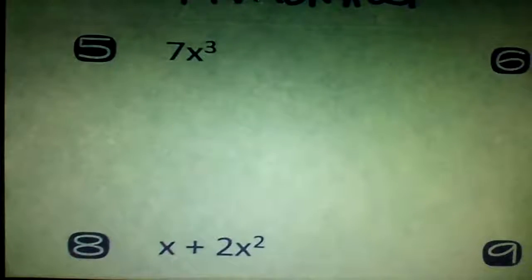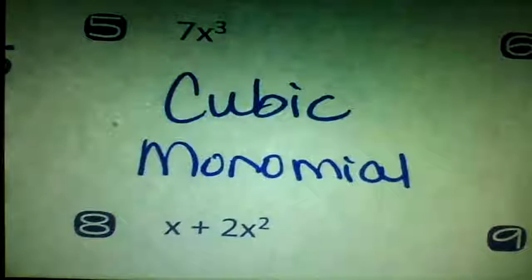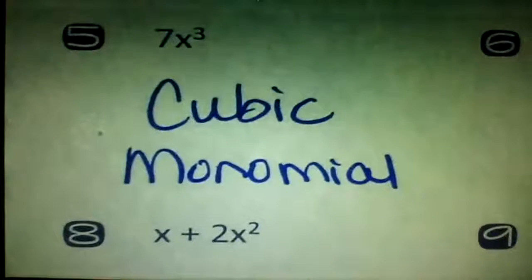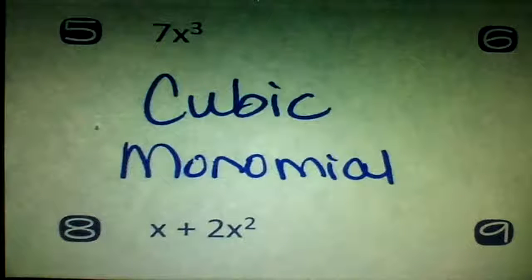Okay, what is number 5? Monomial, good. It is a cubic. Look at the three. This is a cubic monomial.